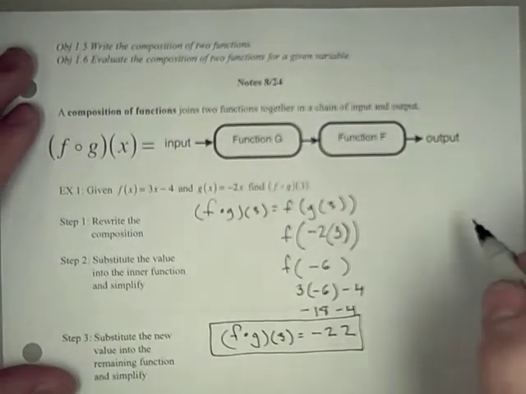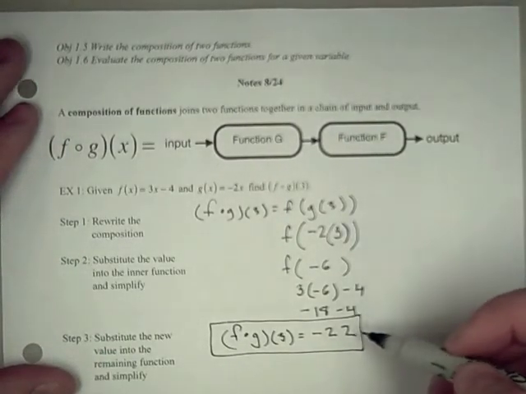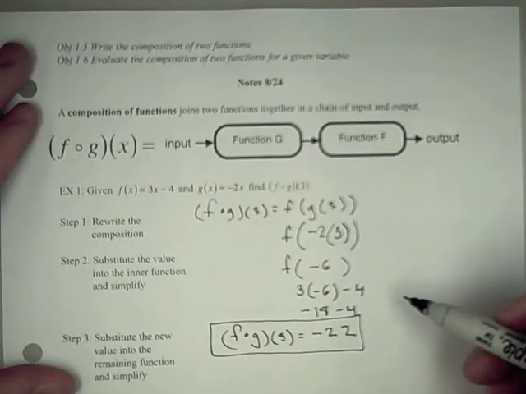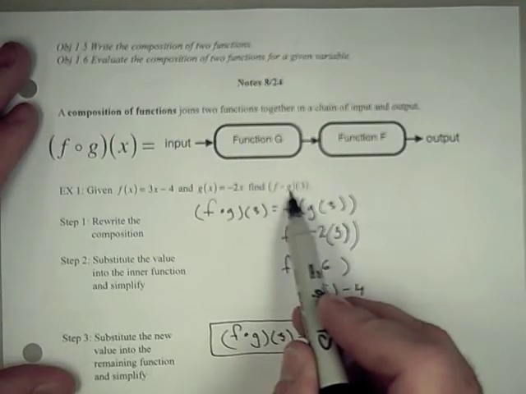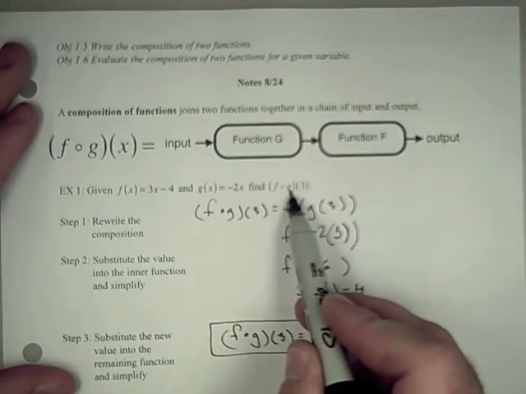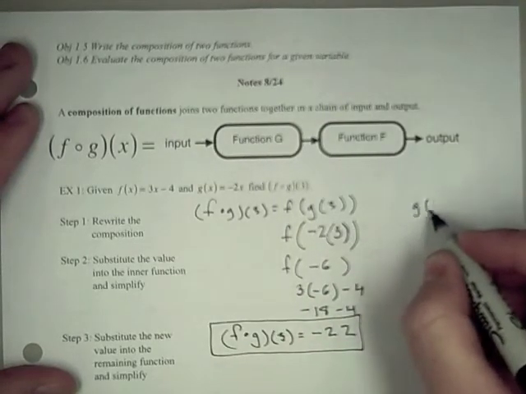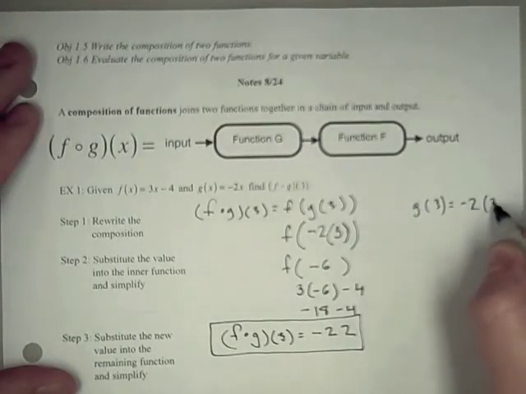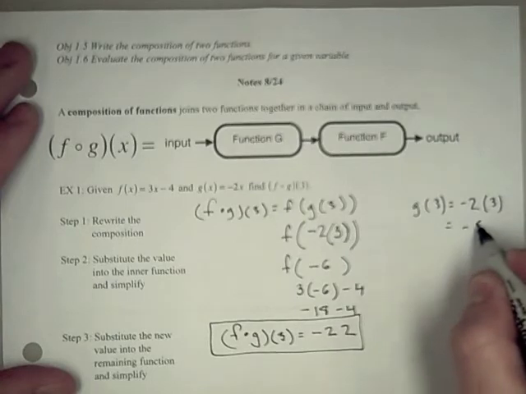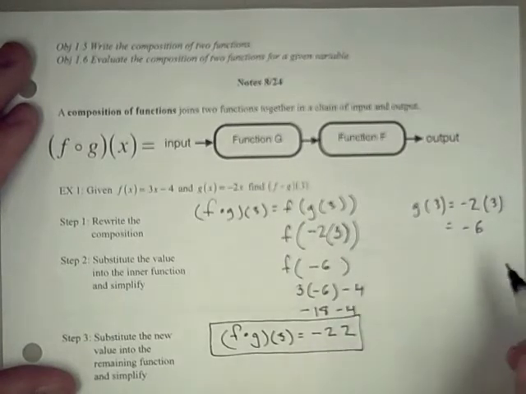There's an alternative way to do this if you don't like all the parentheses. You don't have to write them all. You can just take 3 and plug it into the function that's closest to it. So take 3 and plug it into function g. So g of 3 equals negative 2 times 3. That equals negative 6. Notice that's the same answer we got.